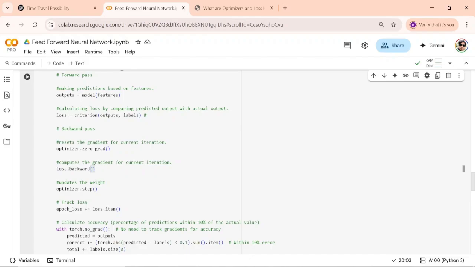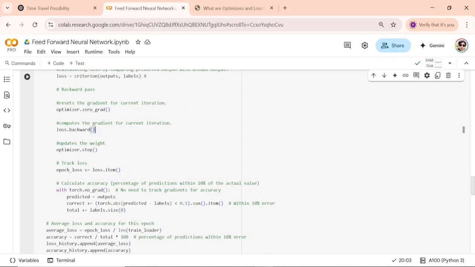Then it will again update the weights based on the next value of gradient, and it will keep on going throughout your number of epochs. Ultimately, at the last epoch, the loss should be minimum and the accuracy should be higher. And this is the entire internal process of how it goes through in a neural network.